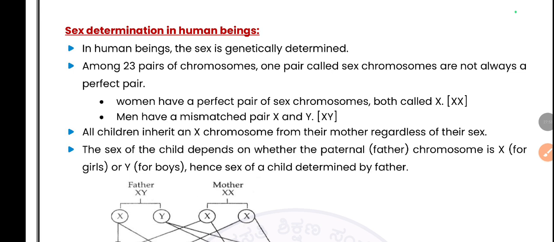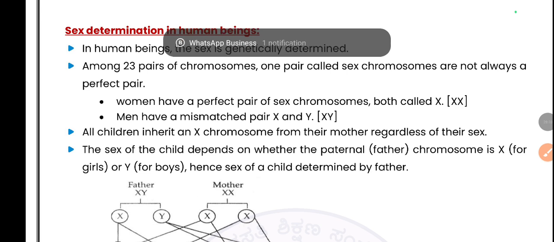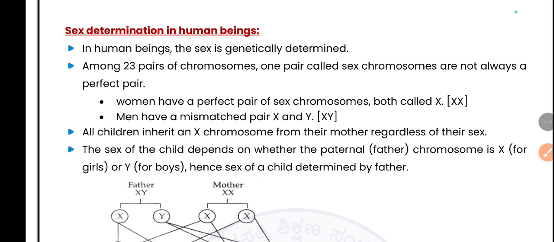Sex determination in human beings, very important. In human beings, sex is genetically determined. Among 23 pairs of chromosomes, one pair, called sex chromosomes, is always a perfect pair in women. Women have a perfect pair of sex chromosomes, both called XX.